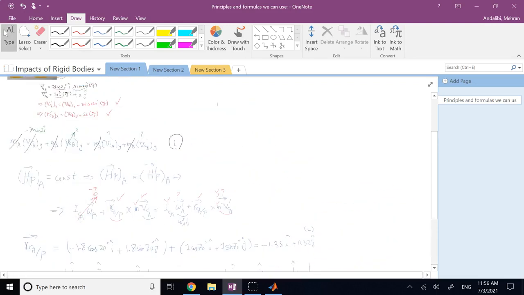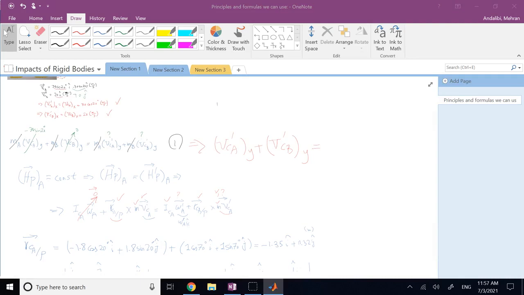If you remember, this guy was equation number 1, which if I write it properly, is V prime of CAY plus V prime of CBY equal to negative 30 times sine of 20, which is negative 1026.